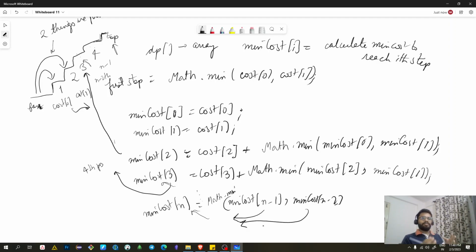So if we figure out whichever of those two positions incurred us the minimum cost till now, we can just choose accordingly.